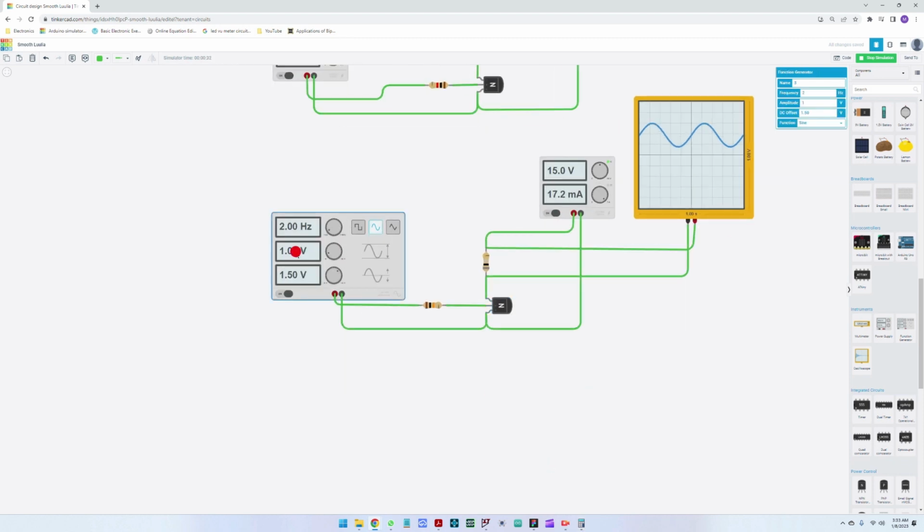It's a sine wave, 1 volt amplitude, 1.5 volt offset. From the power supply, it's draining a lot of current. Let me maybe increase this to, yes, so it's doing an amplification here.